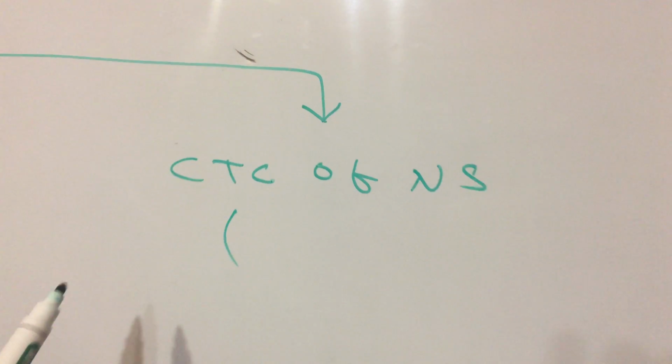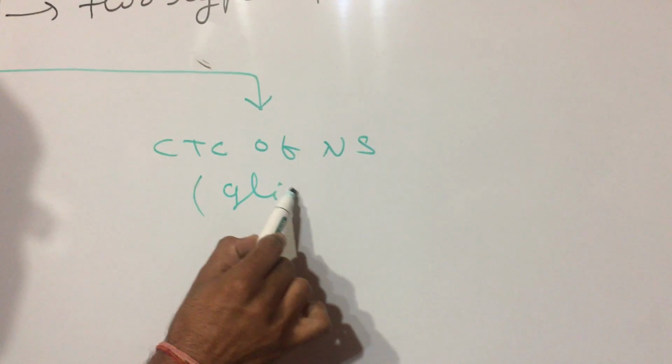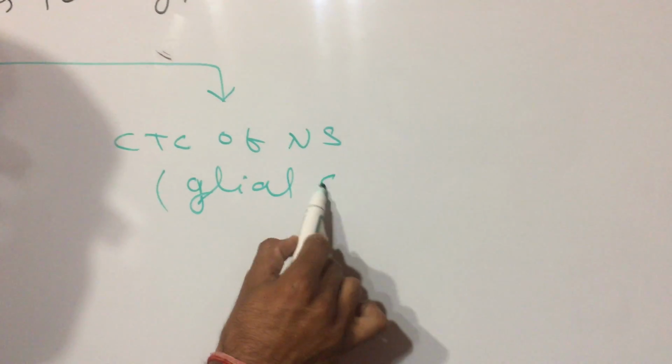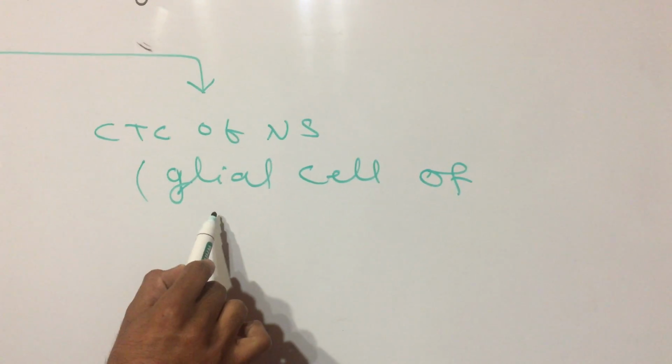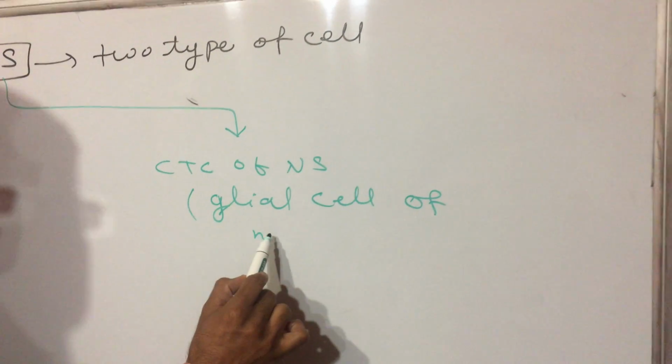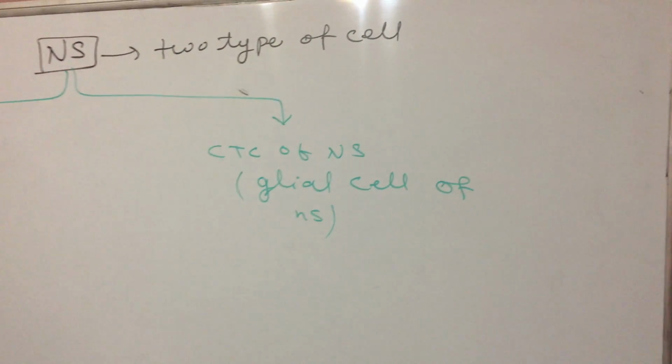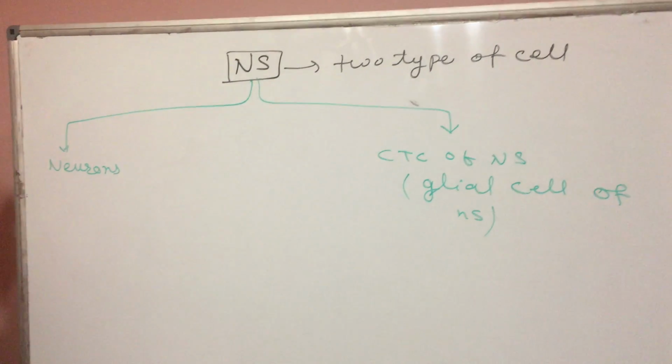It is also called the glial cell. Glial cells of the nervous system. Okay, this is also called the glial cell of the nervous system.